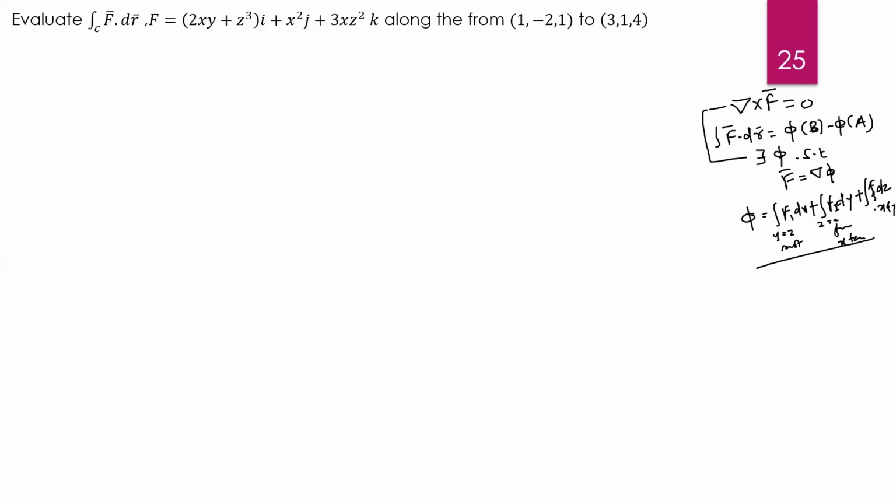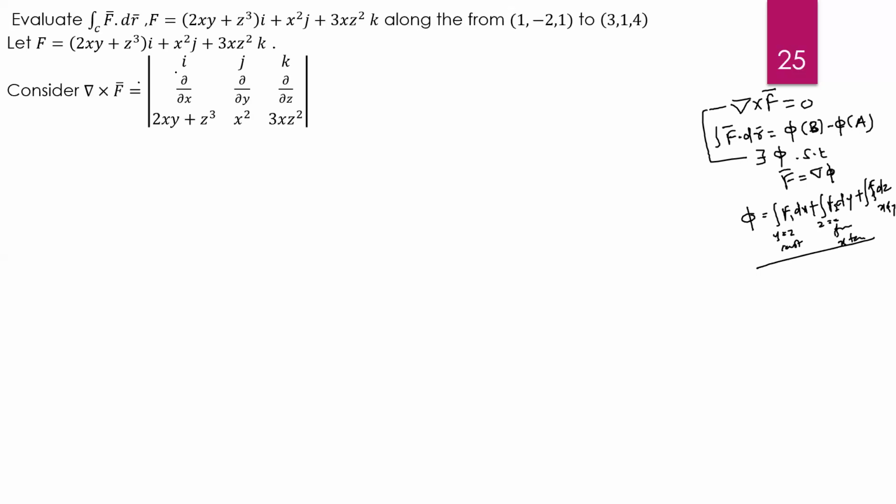Okay, let us proceed. So here, let f bar be the given function. First we check whether it is conservative or not. We consider the curl of f bar, which is the determinant with the first row i, j, k. The second row is the components of del.